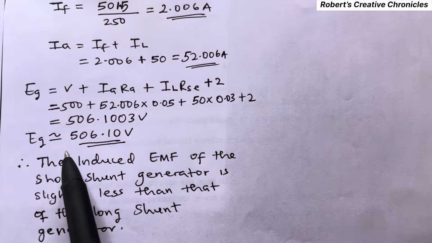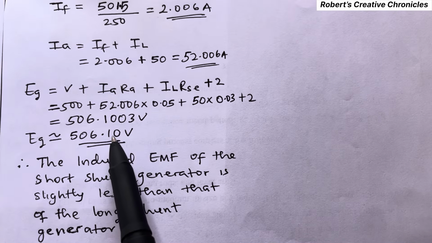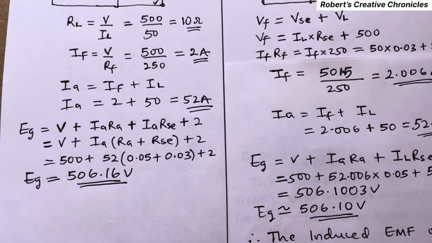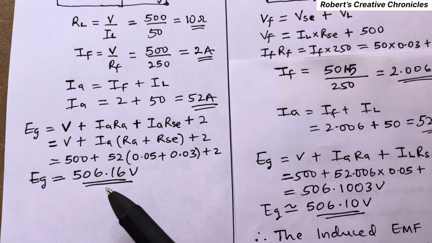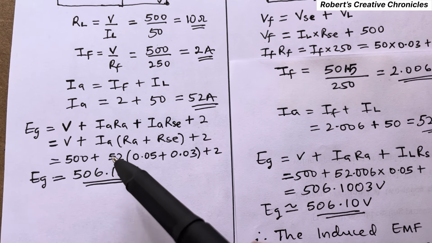As can be seen, that of the short shunt generator is 506.10 volts, and that of the long shunt generator is 506.16 volts.